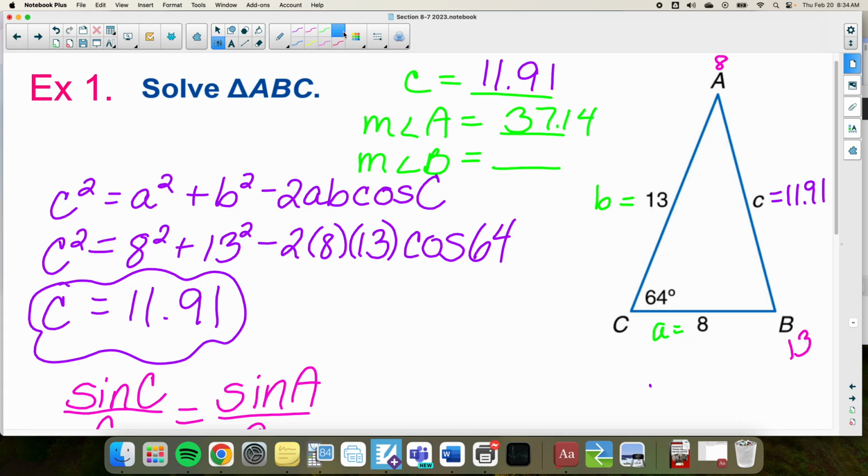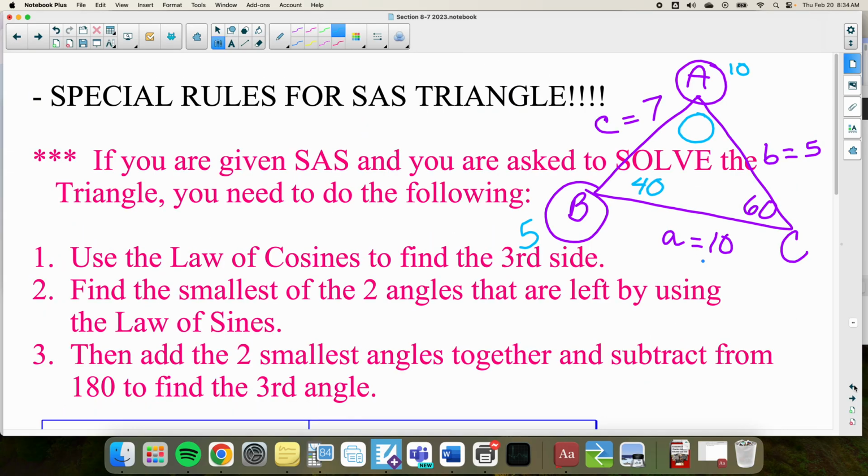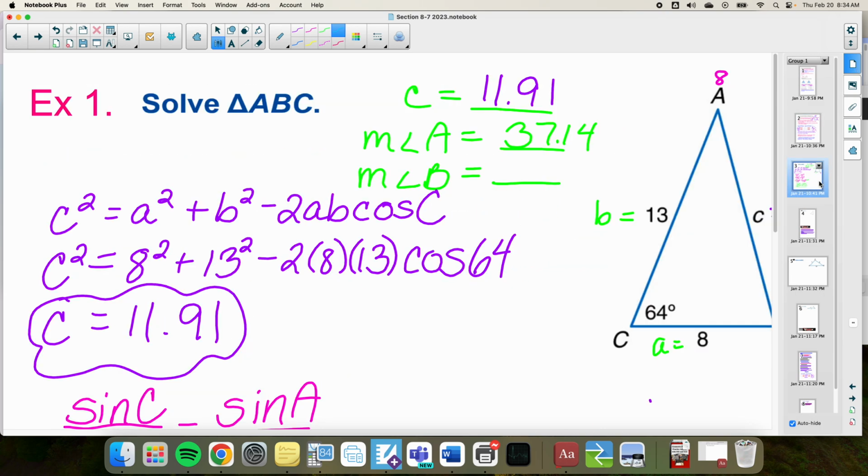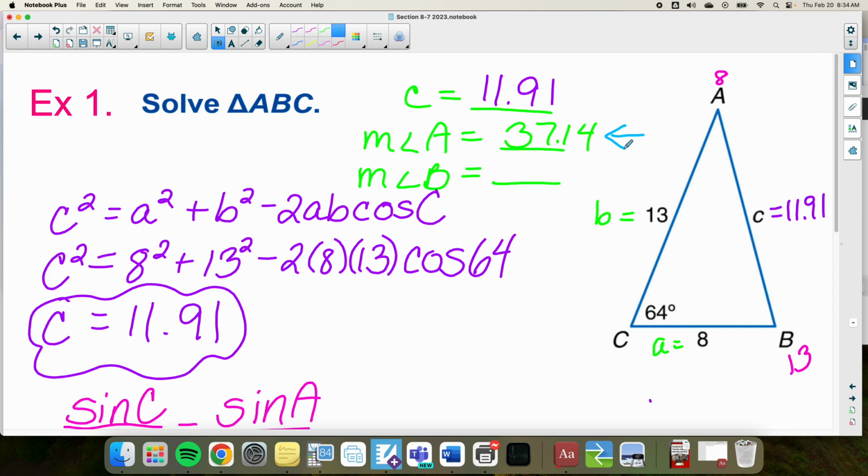Okay, that's the measure of angle A, and that we're going to put right here. Okay, now your last step is easy because now you know two of your angles and you add them together and subtract from 180 to find the one that you're left with. I know angle A is 37.14. I know the other angle is 64.